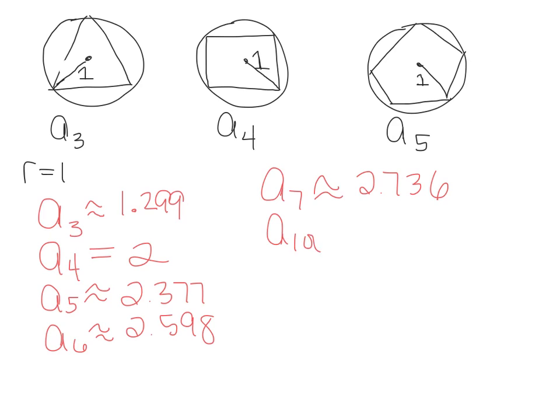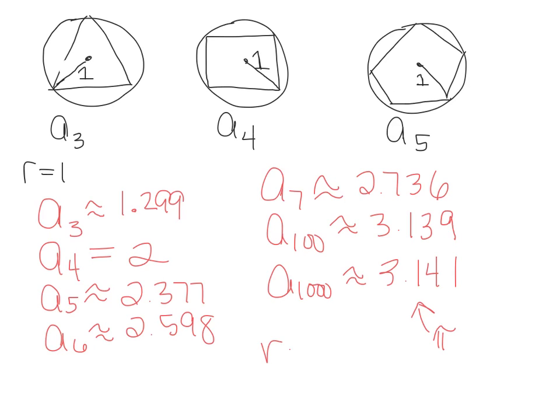A 100-gon is approximately 3.139. Do you see where we're going? The area of a 1000-gon is 3.141, pi. Now my radius is 1 for all of those examples.